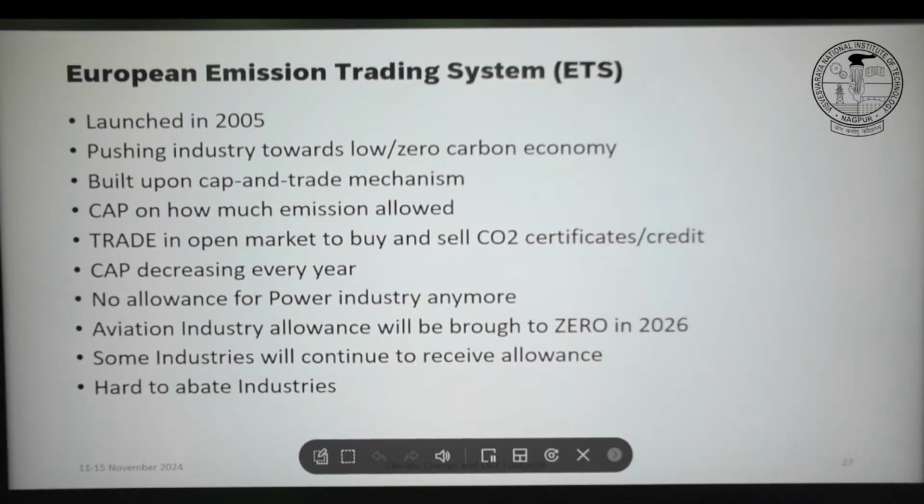As I said earlier, there are no allowances anymore for the power industry. The aviation industry allowance will be brought to zero in 2026. So they have to go from conventional ATF, aviation turbine fuel, to sustainable aviation fuel, or do something else: buy credits or pay penalties.